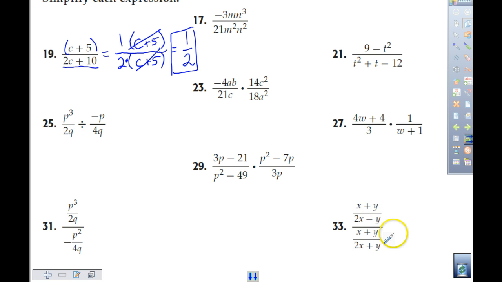33. Okay, so the way to do these, it's x plus y over 2x minus y, divided by, this is division, x plus y over 2x plus y. The way to do this is simple. On the bottom, multiply by the reciprocal and do that to the top and bottom.